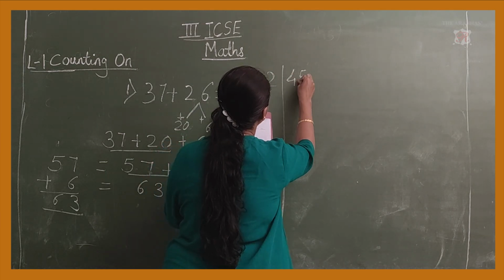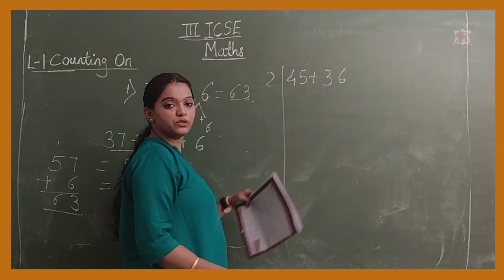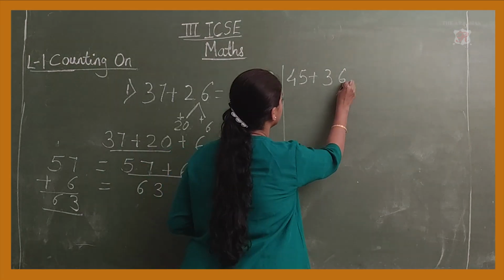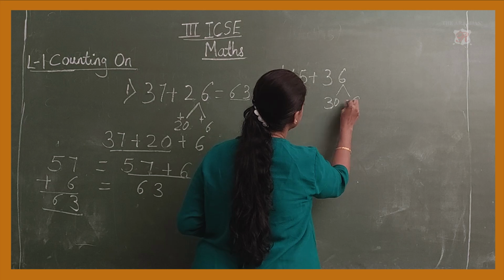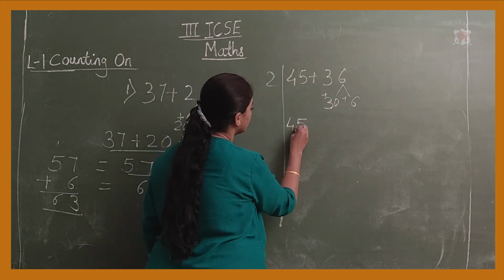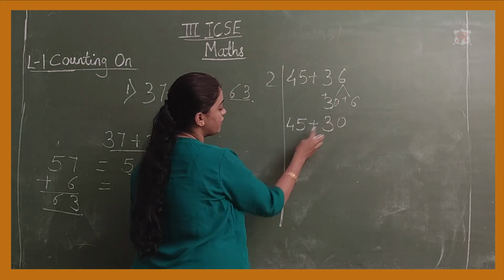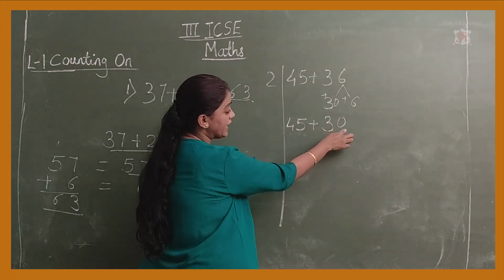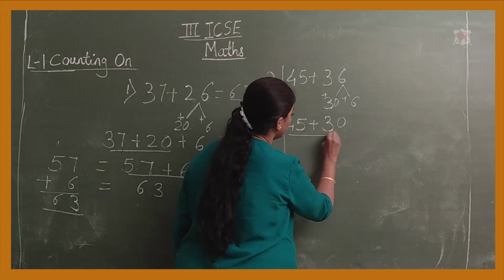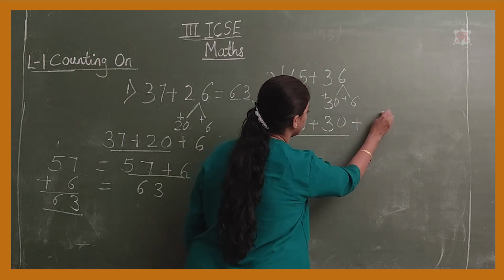45 plus 36. Now split this into the nearest number, 30 plus 6. Your question is 45 plus 30. You are taking only the tens number first because this is a 2-digit number. So you are taking the 2-digit number together. What is 45 plus 30? Okay, we have to add the 6 again.